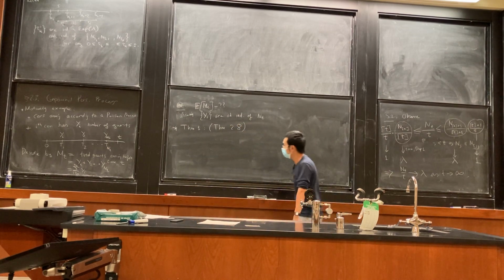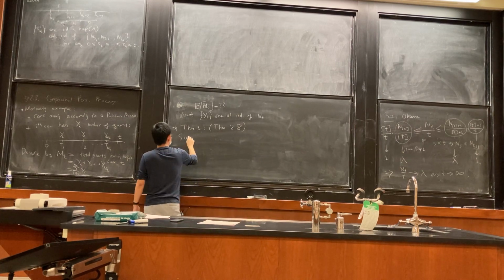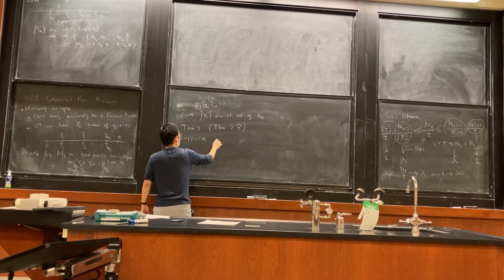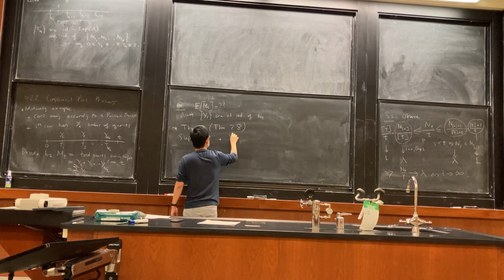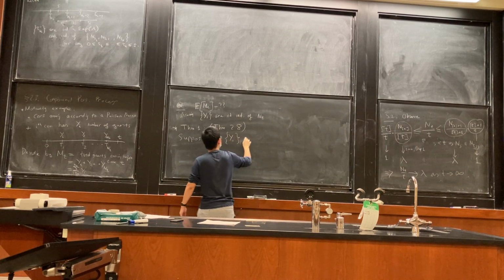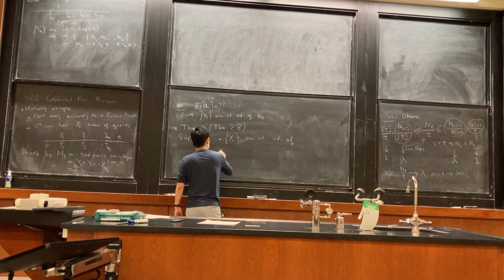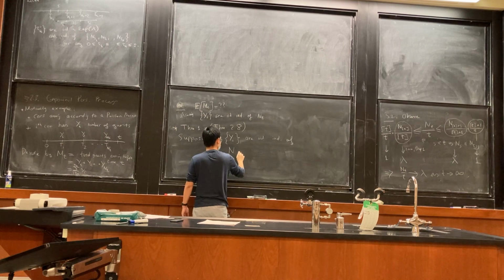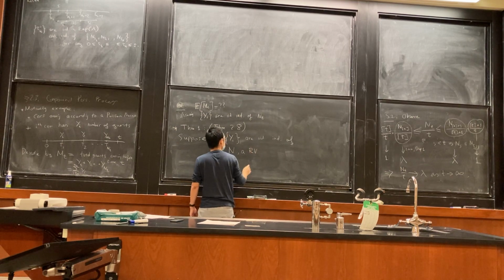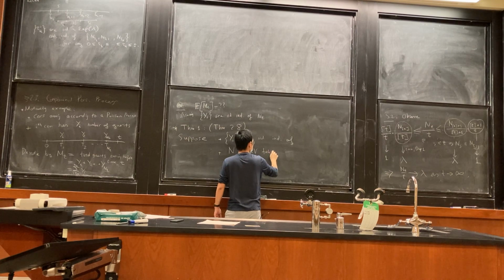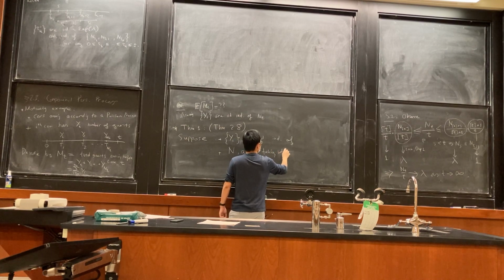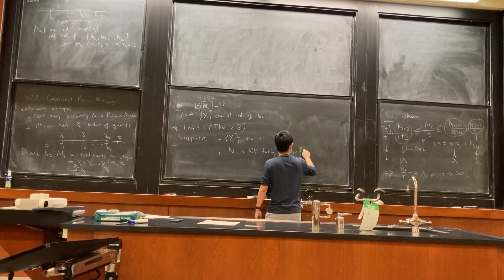The following: suppose I have a collection of Y_i being IID and also independent of a random variable N, a random variable taking values in 0, 1, 2, 3, and so on.